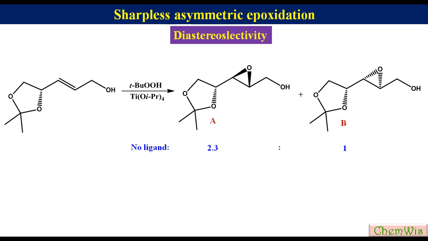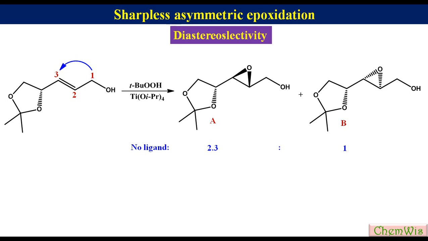Label the allylic system starting from the allylic carbon as 1, 2 and 3. Draw an arrow from 1 to 3. Since the direction of arrow is anti-clockwise, in the presence of minus dialkyltartrate, top face attack will be preferred, while in the presence of plus dialkyltartrate, bottom face attack will be preferred.